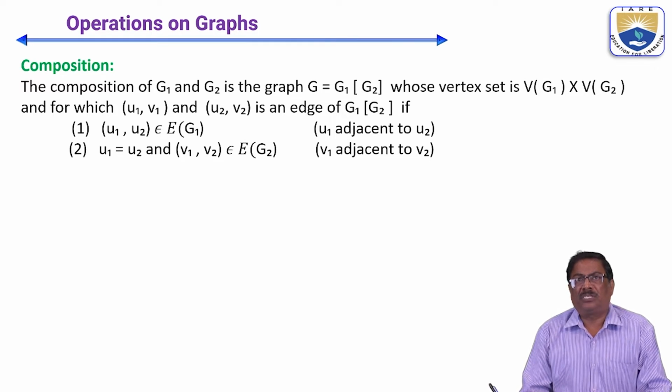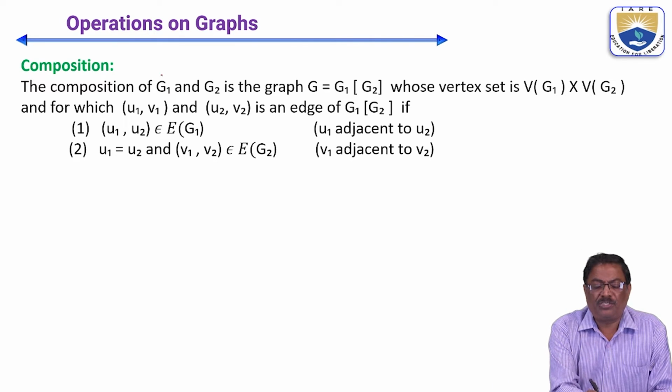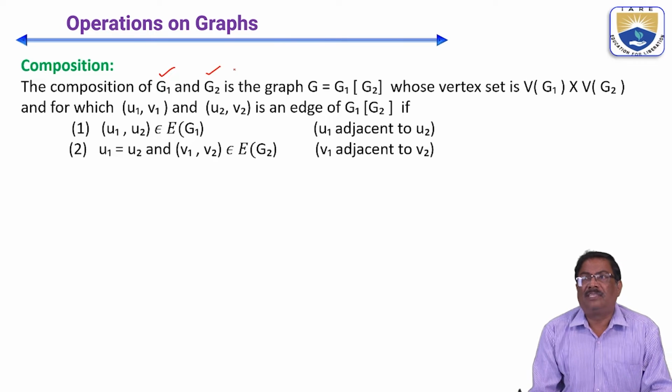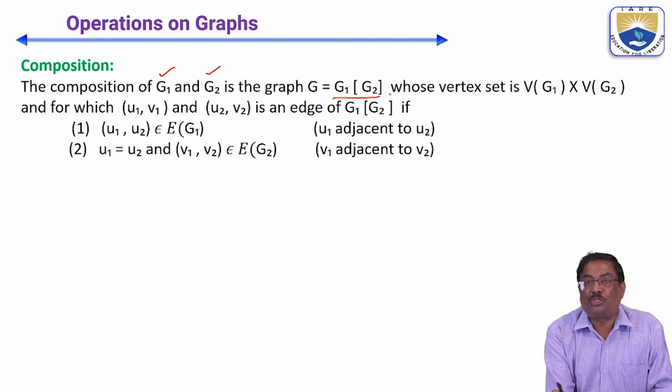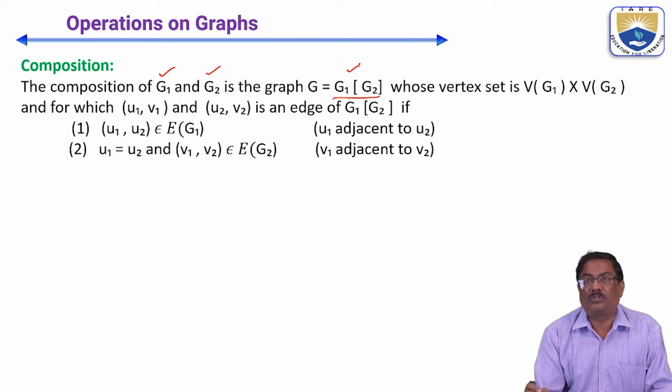So first, composition of two graphs. Let us consider G1 and G2 are any two graphs. Then the composition of the graphs is G1 of G2. In this way we are going to compose.